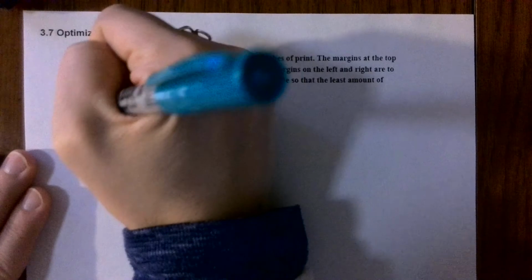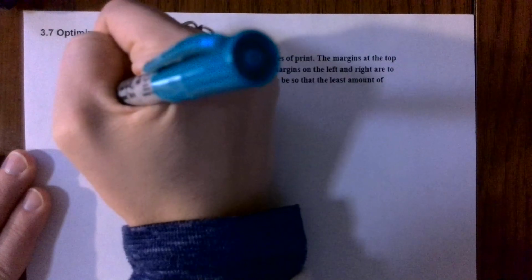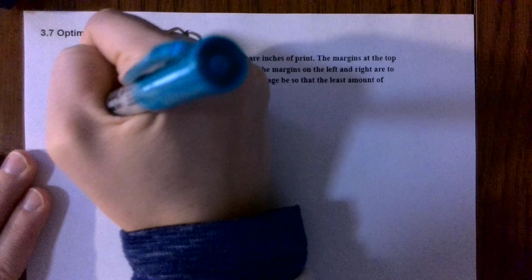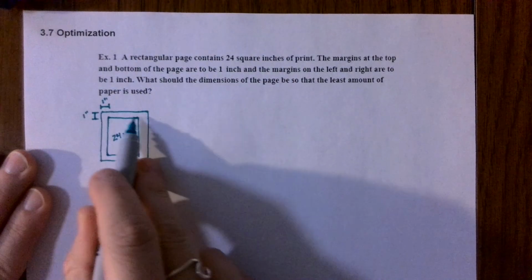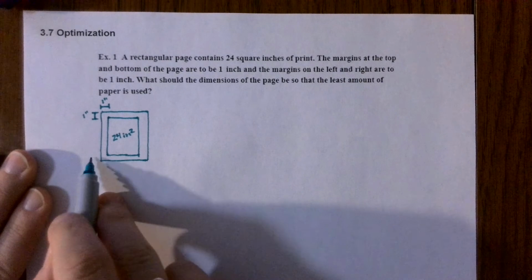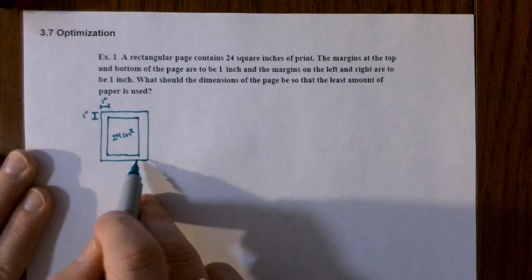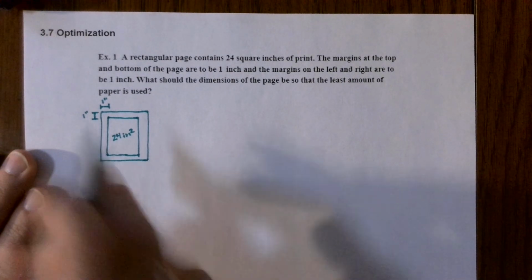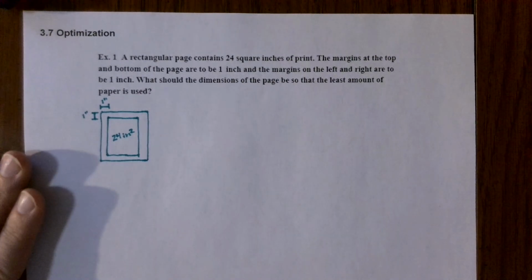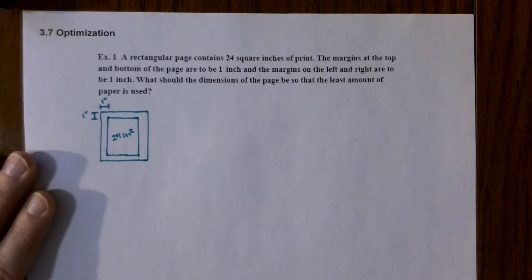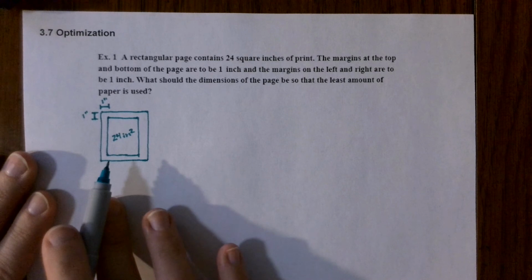But then the margins on the top, my margin around this side, the bottom, I can draw that here, and the right side, but my margins all around this are 1 inch by 1 inch for the whole thing. So this is the idea of what we're talking about.